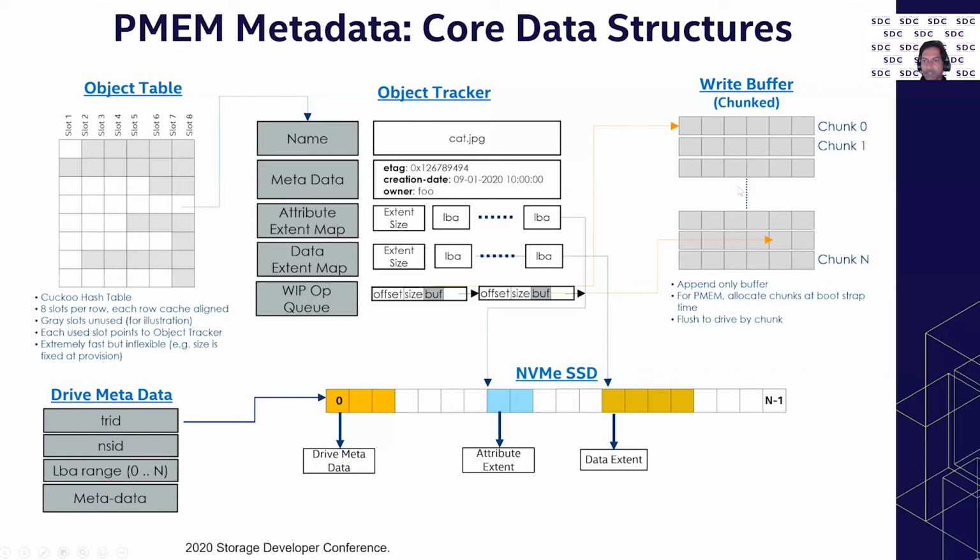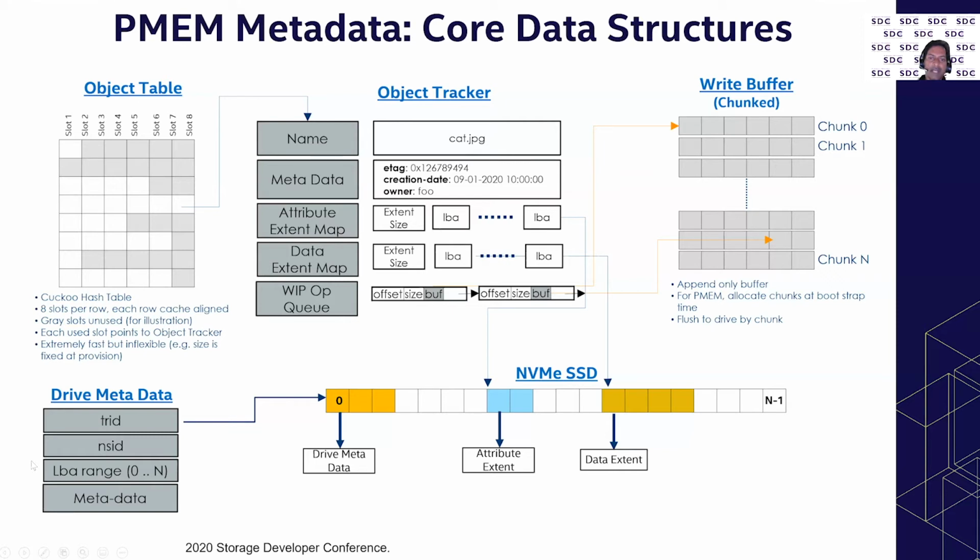And of course, this write buffer is persistent, whether it is platform-based, DRAM, battery-backed type of write buffer, or persistent memory-based. It needs to be staged, and then behind the scenes, it gets flushed, right? That's really the reasoning behind how the object tracker includes all the metadata to tie into the write buffer as well as the NVMe SSD.